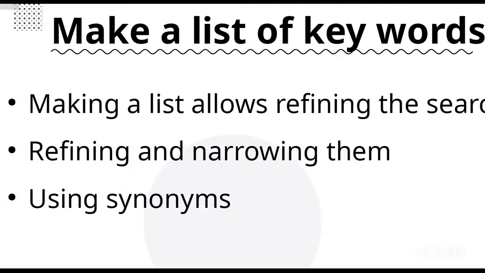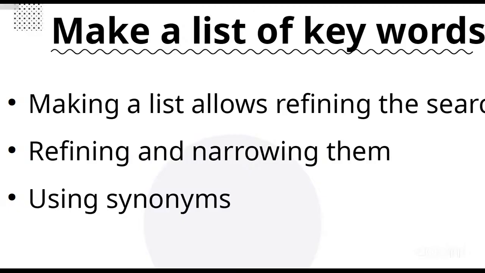So how do you do this? Basically, first start making a list of keywords. So, for example, let's say that you wish to talk about how exercise affects your health. So you have some keywords, exercise and health.